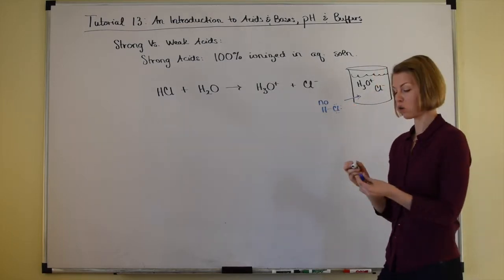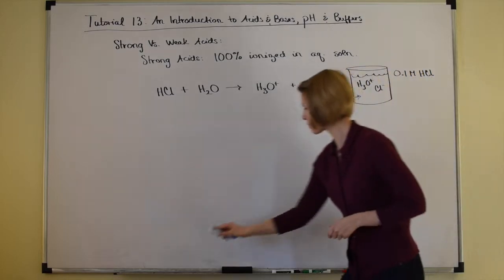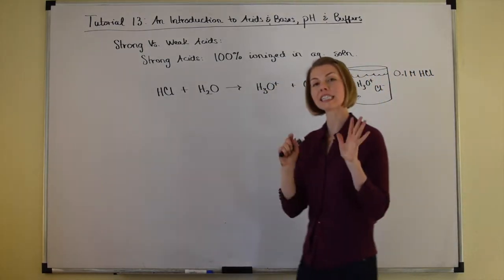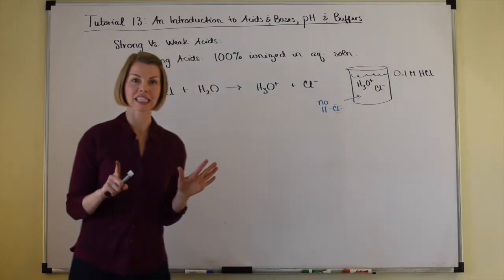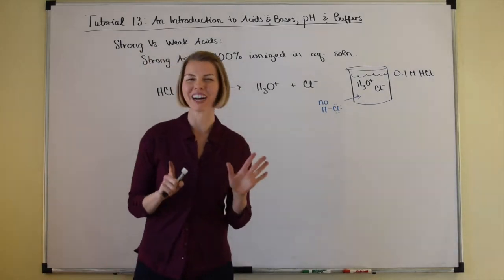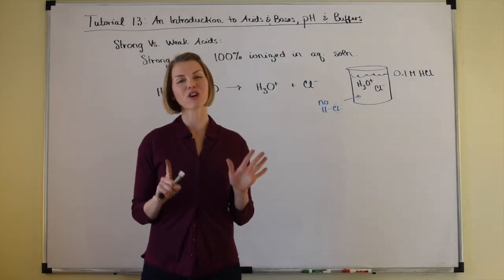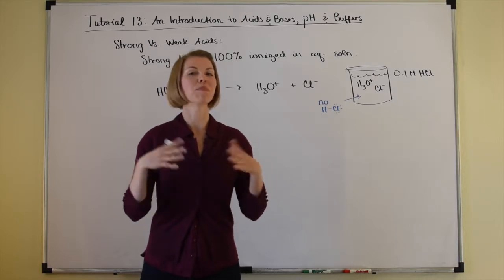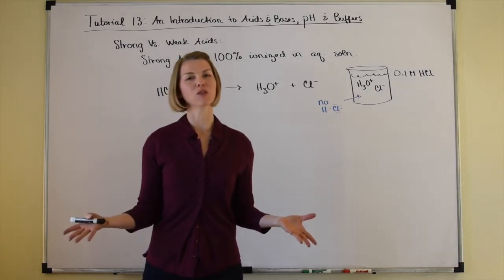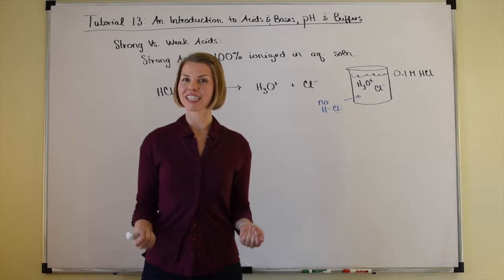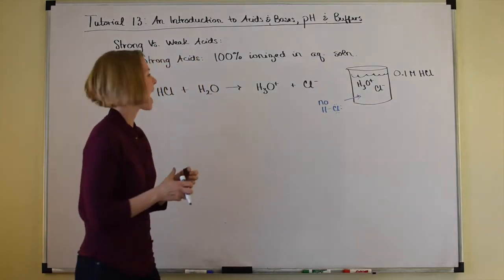It has all reacted. So there are 6 strong acids, and you should probably memorize all of them, because if you just know the 6 strong acids, then by default you know all the weak acids as well, because anything that's not on that list is considered a weak acid.